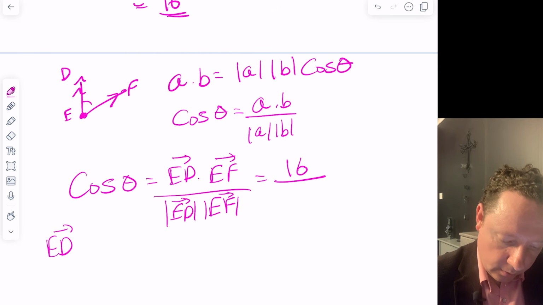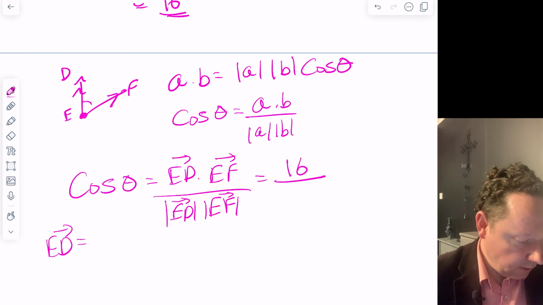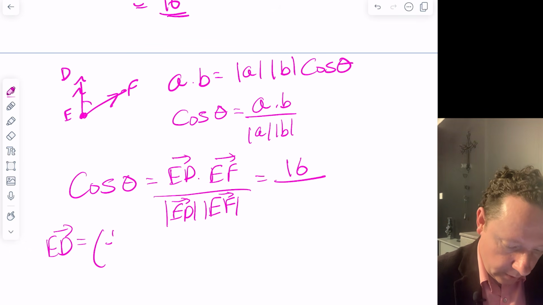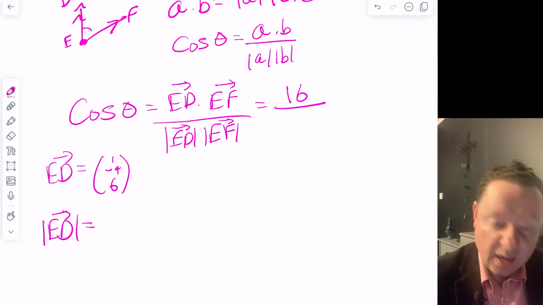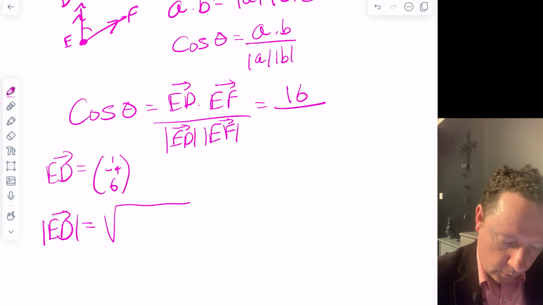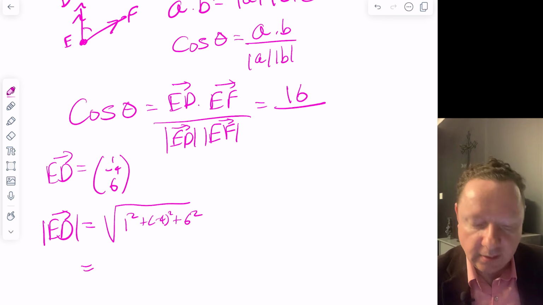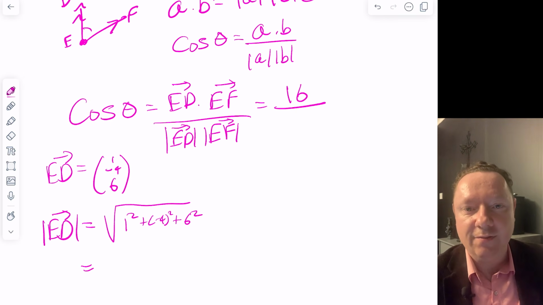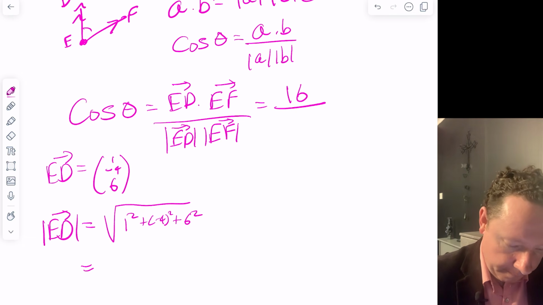ED is equal to (1, minus 4, 6). So the size of that is just Pythagoras, square root of 1 squared plus minus 4 squared plus 6 squared. That is 6 6s is 36, 4 4s is 16, 36 and 16 is 52, plus 1 is 53. So you get root 53 for that one.